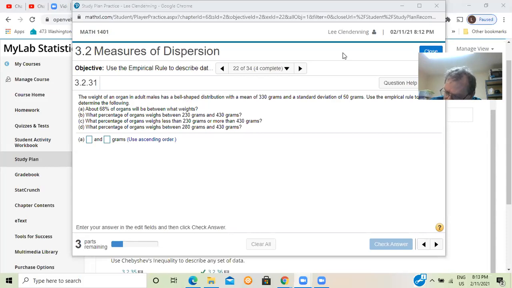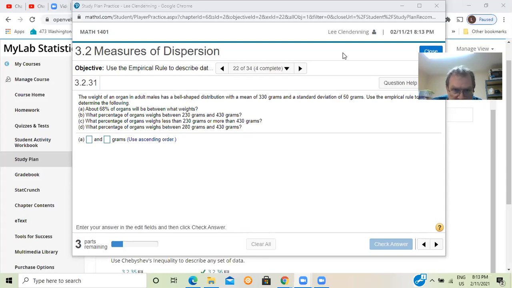Empirical rule. 1, 2, and 3. You can't see what I'm writing. 68, 95, and 99.7. All right. A, 68%. I'm just paraphrasing the questions. B, what percent between 230 and 430?